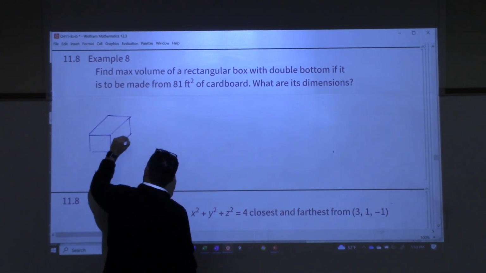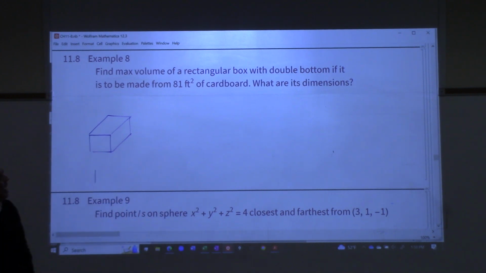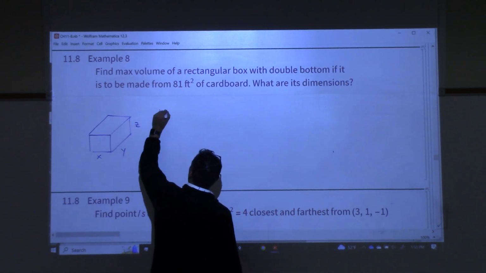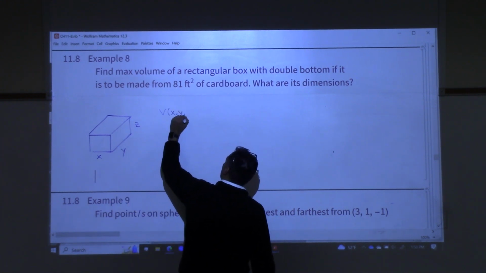This does not say that it has an open top, does it? So we assume that it has a closed top on it, but it's made of a double bottom, reinforced the bottom, right? So you have one layer of cardboard, another layer of cardboard.